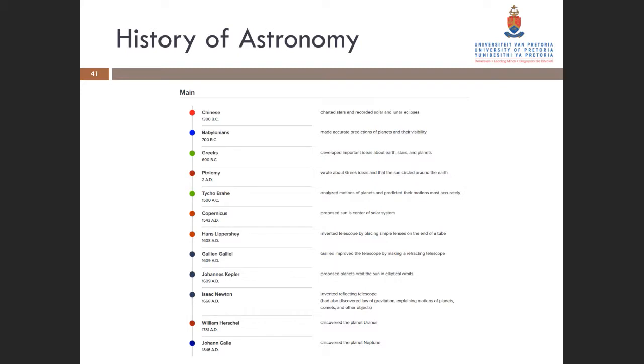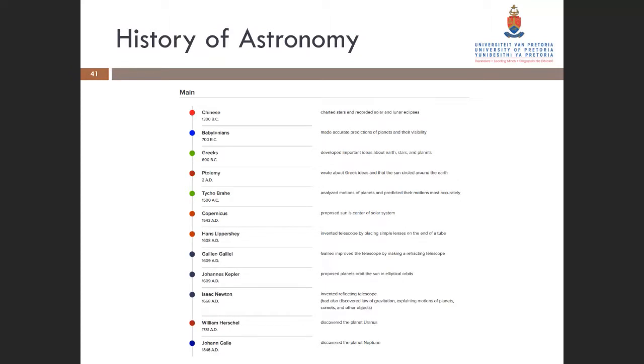Hans Lippershey invented the telescope by placing simple lenses at the end of a tube. Then Galileo Galilei improved the telescope by making a refracting telescope. Johannes Kepler proposed that planets orbit the Sun in elliptical orbits. Isaac Newton invented reflecting telescopes. William Herschel discovered the planet Uranus.